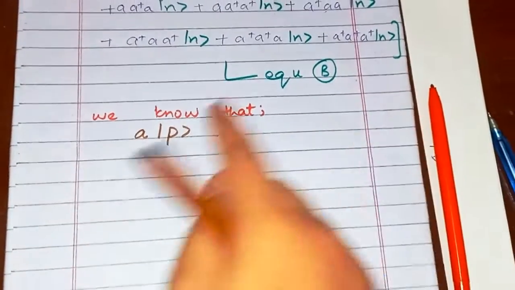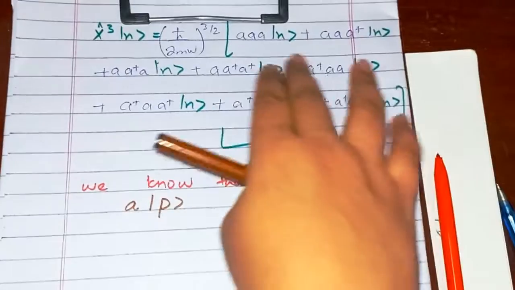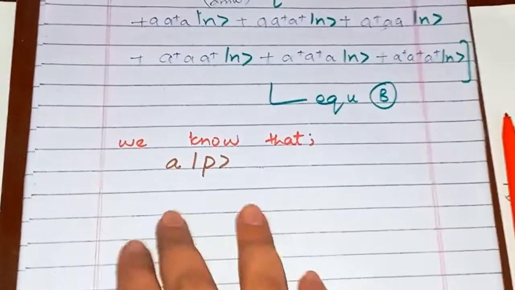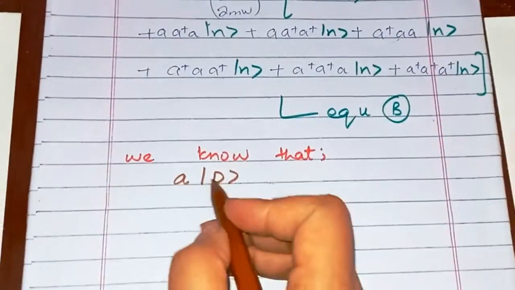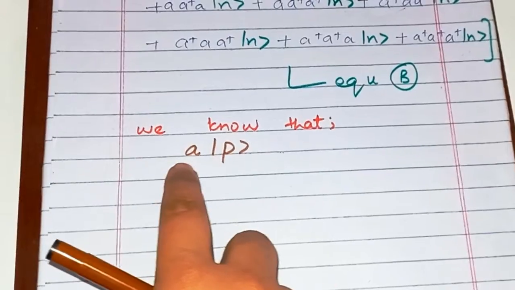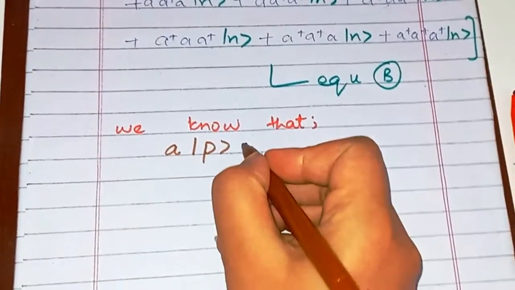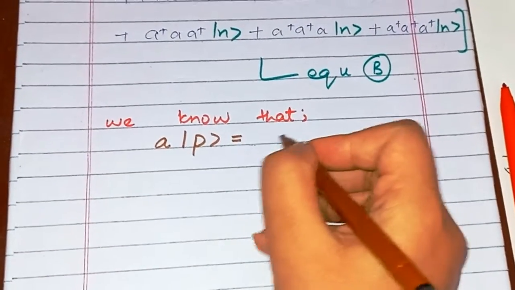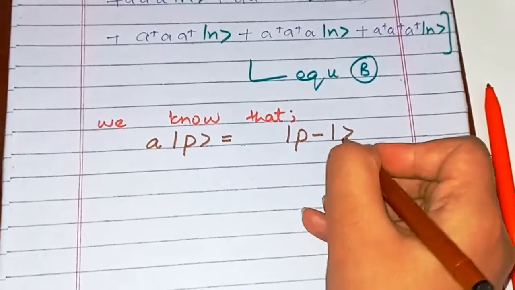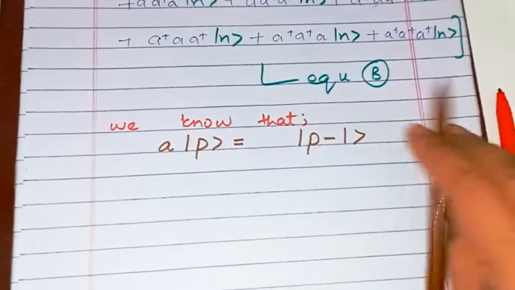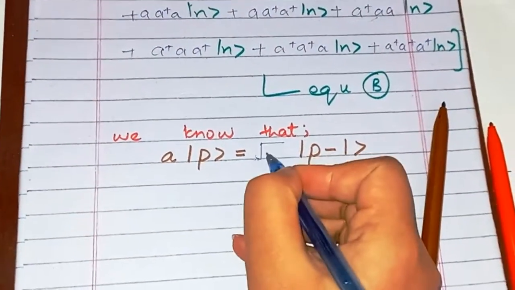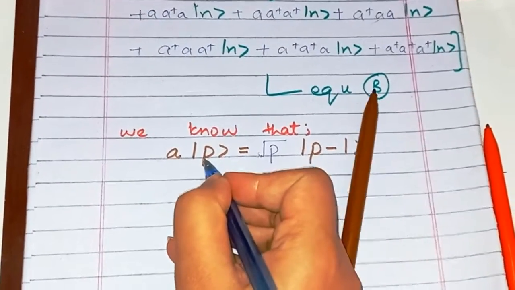I'm using a different quantum number because it could be any, I'm not writing a specific one, so that you'll see the ket change when we keep on applying the operators. So for a general ket p, when a lowering operator applies on it, the ket reduces by one number, multiplied by a constant, which is the square root of what was in the ket.